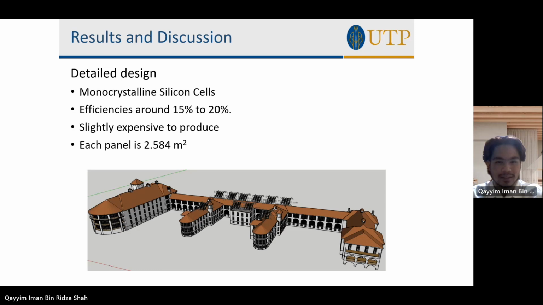With our calculation, it will occupy about 68 meters square of roof space. The solar panel will help generate electricity to help cool down the school building. And with that being said, the average monthly consumption for primary schools in Malaysia is around 1,568.7 kilowatt hours.